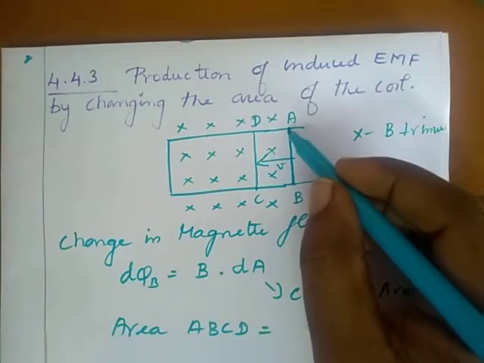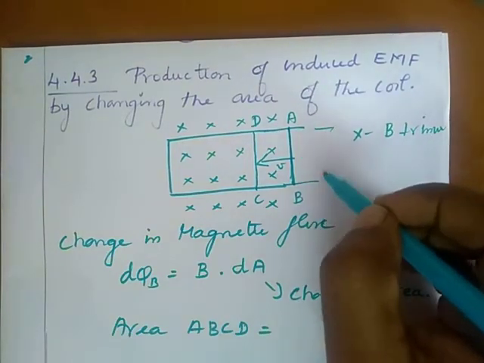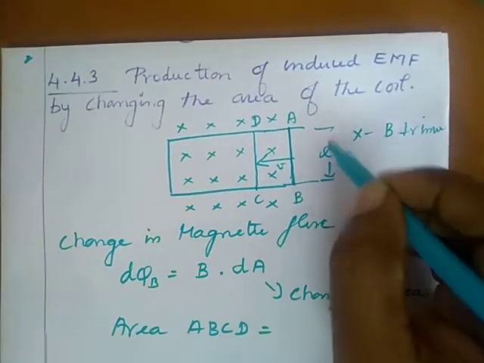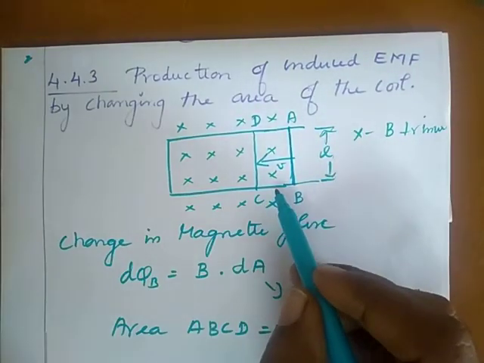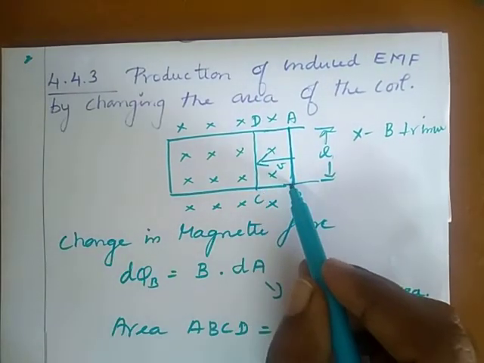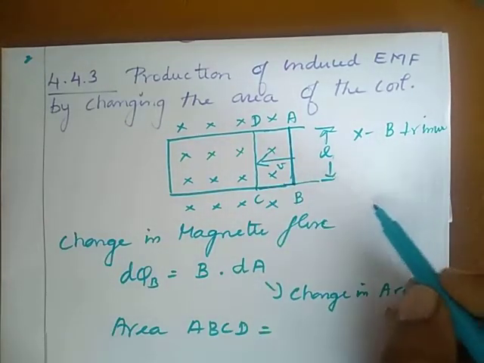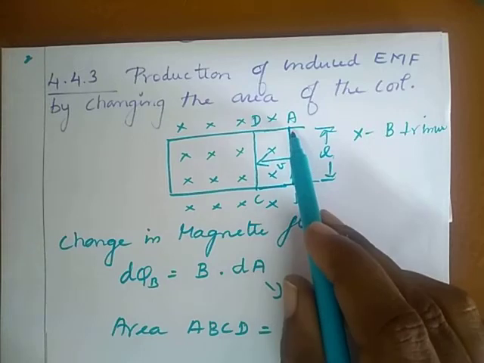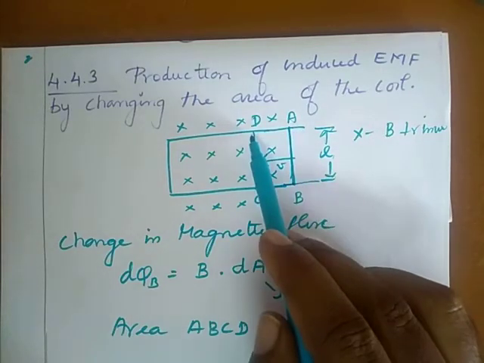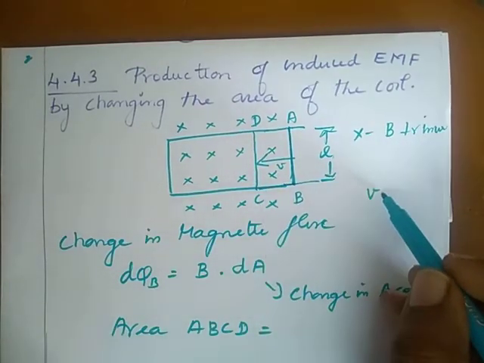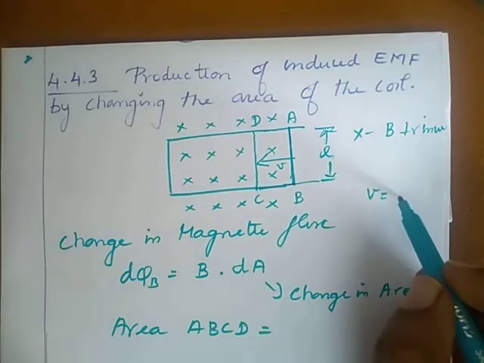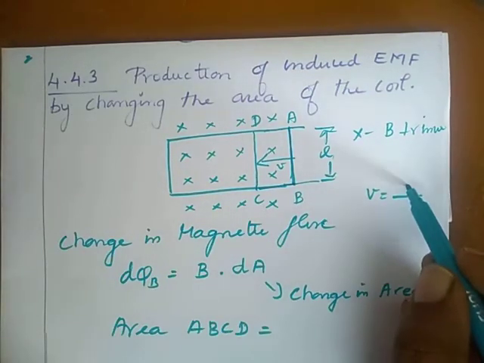We know very well the length of the sliding conductor is L. In order to find the breadth of this area, we are applying a formula. Here we are moving the sliding conductor from this position to this position with the velocity v in a time dt. Okay, we know velocity is equal to distance by time.